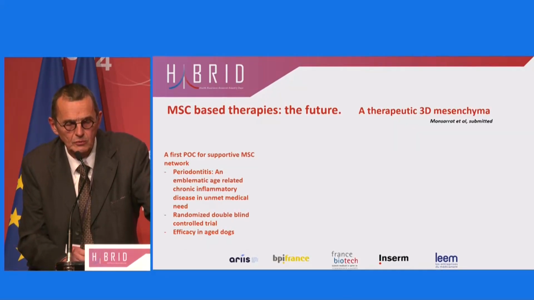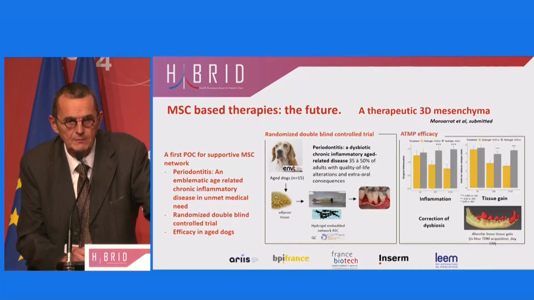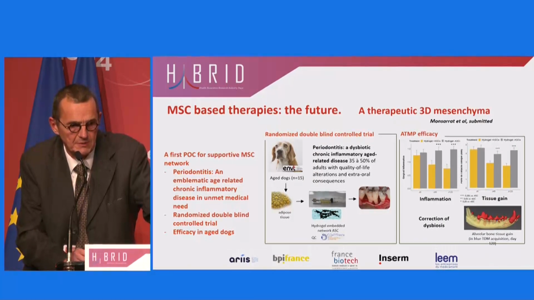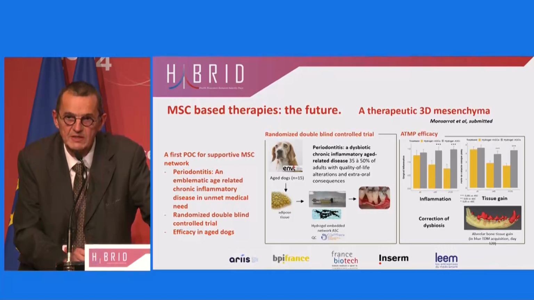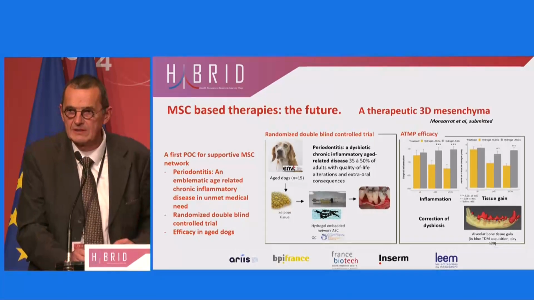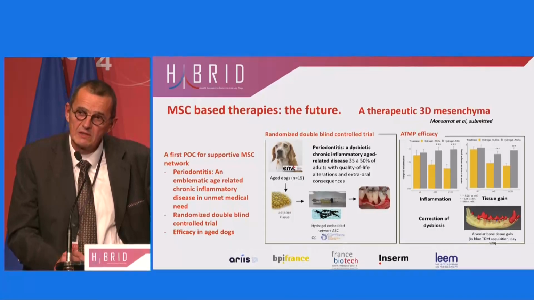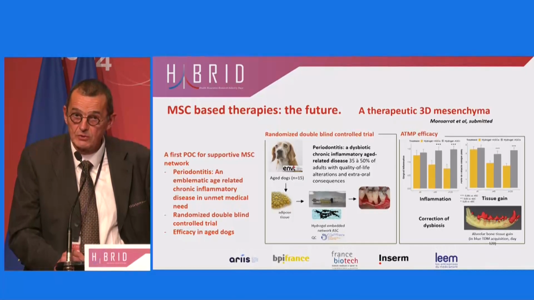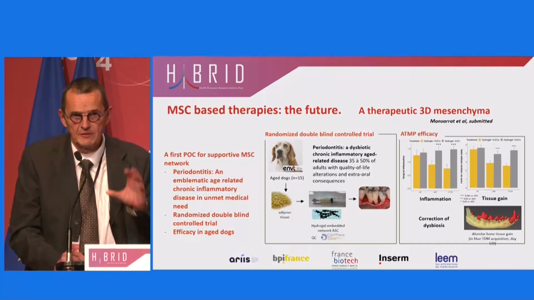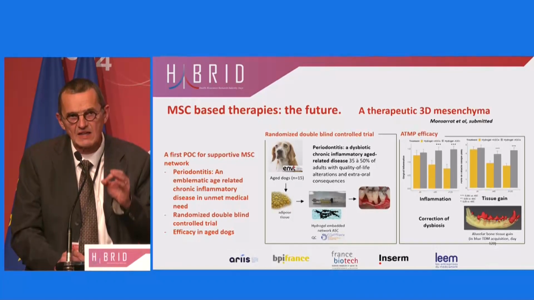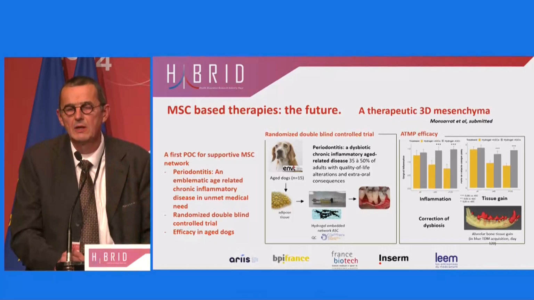And to make the story short, we made a proof of concept in an emblematic disease, which is an age-related chronic inflammatory disease associated with dysbiosis, which is periodontitis. And in fact, we set up a clinical trial in aged dogs, which are a very relevant model because they display exactly the same symptoms and the same features as the disease in humans.